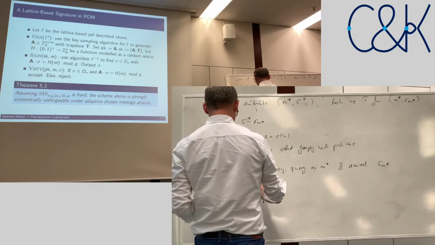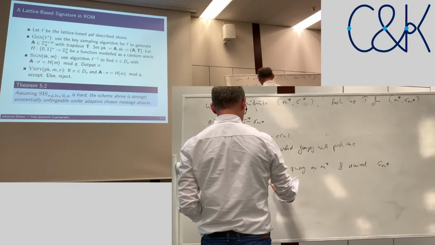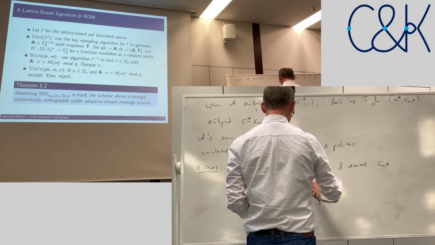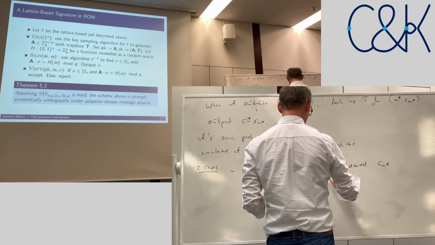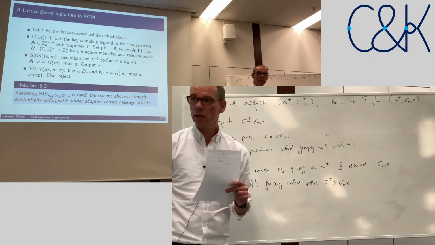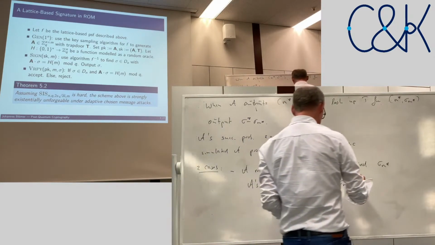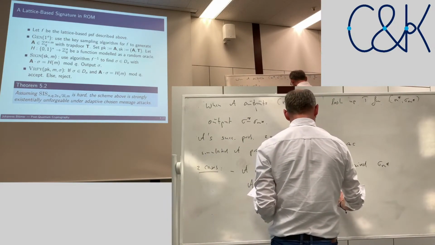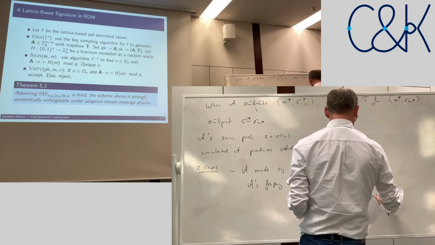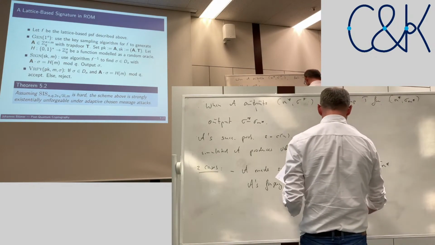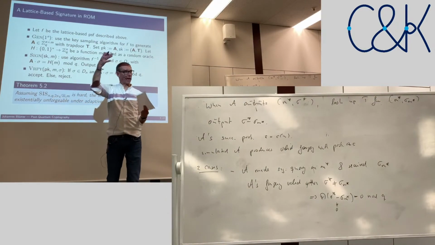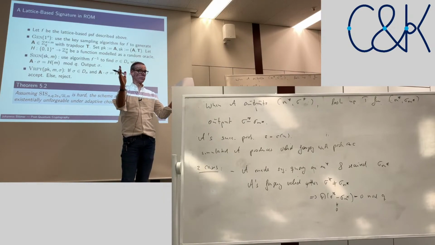But if A's forgery is valid, then sigma star is not equal to sigma M star, which implies A times sigma star minus sigma M star is equal to 0 mod q, but this difference is not equal to 0. And the length is as we want it, because both are from the right set.